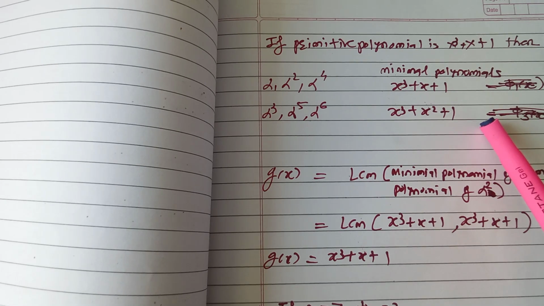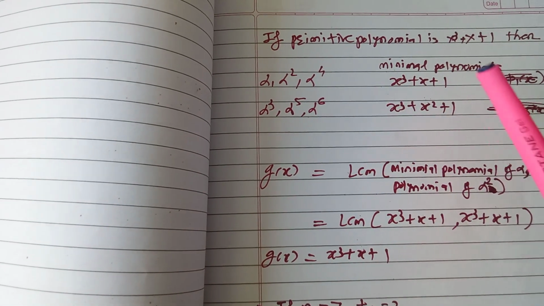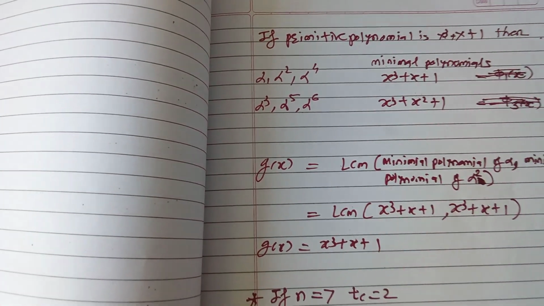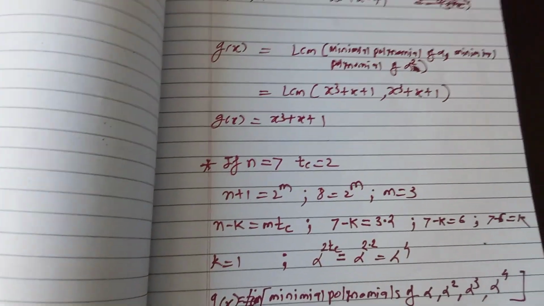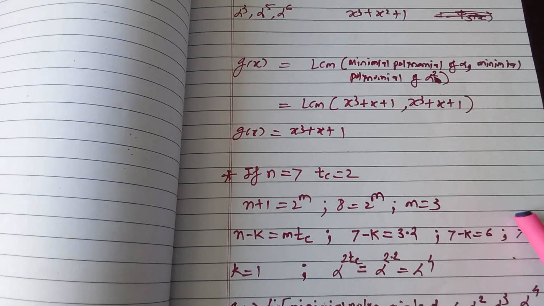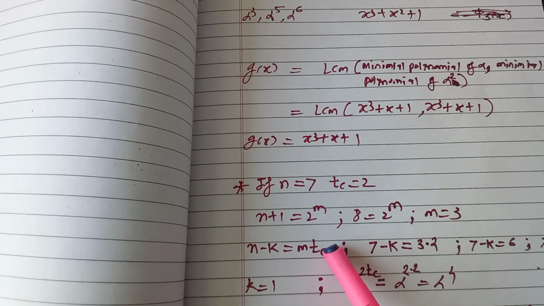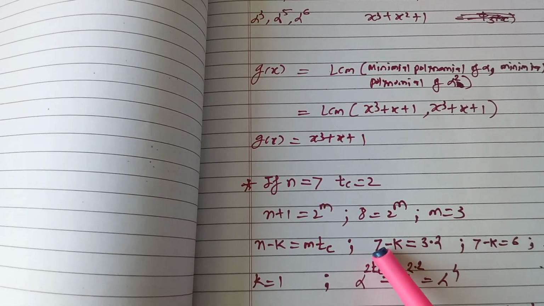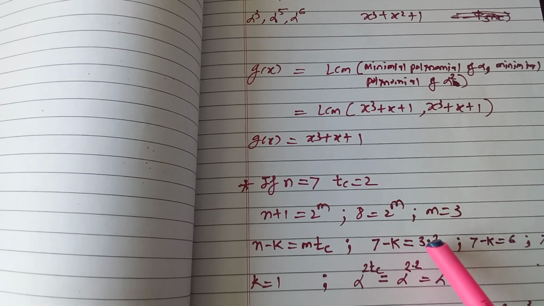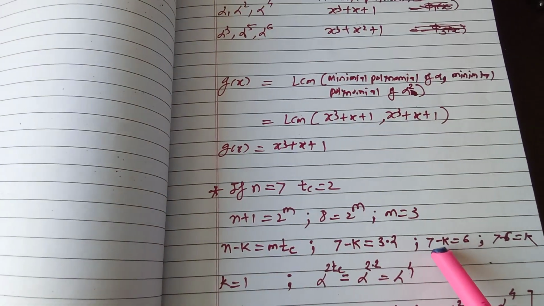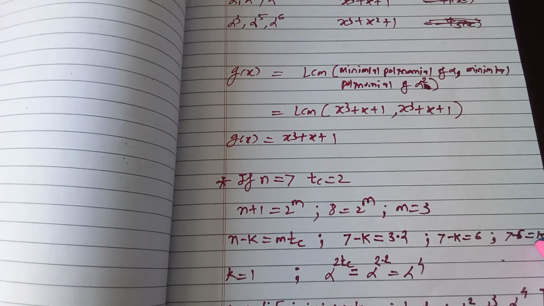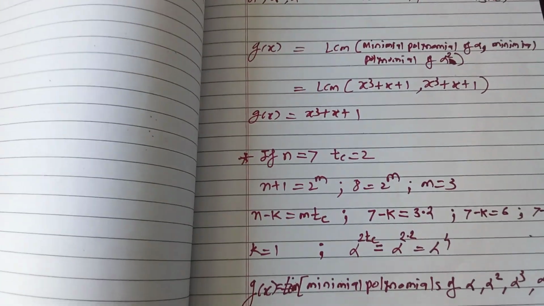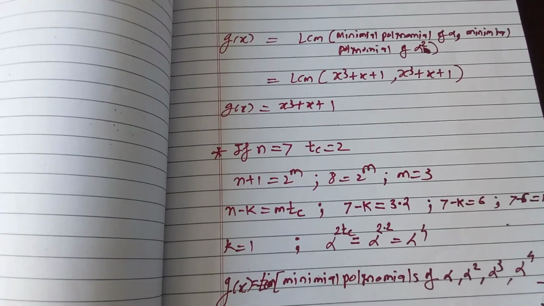Because if m equal to 4, then you have to use Galois field 16, and there that table is different. So m equal to 3. So n minus k is equal to m tc. So 7 minus k is equal to 3 into 2, 6. So 7 minus 6, k is equal to 1. So this is a (7,1) BCH code.